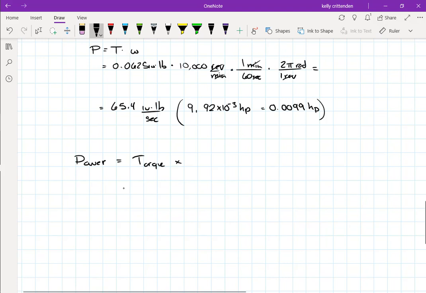times angular velocity. I'll write it as angular velocity rather than speed, because speed might be confused with how fast the car is moving. You can adjust torque and angular velocity, but if you multiply torque, then you have to divide angular velocity, because you can't just multiply your power.